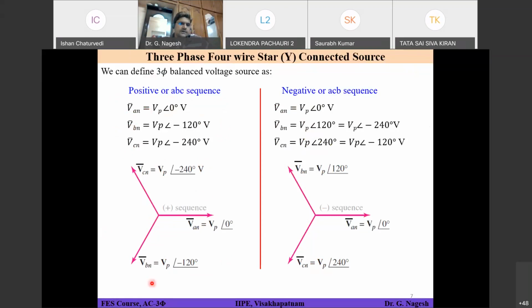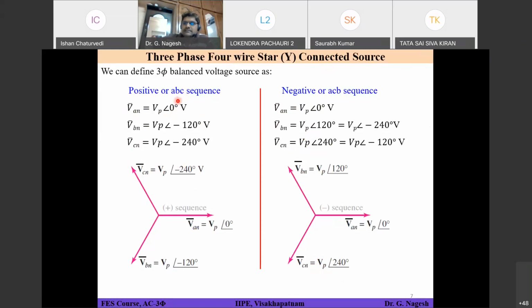This we have already seen. This is called positive sequence, which means ABC sequence. Remember that.